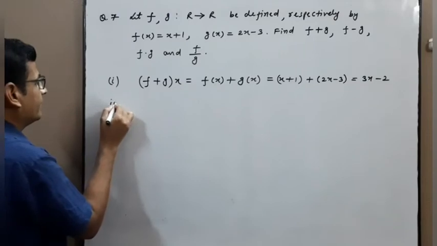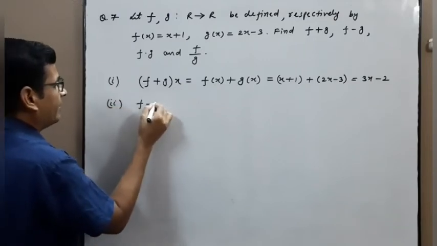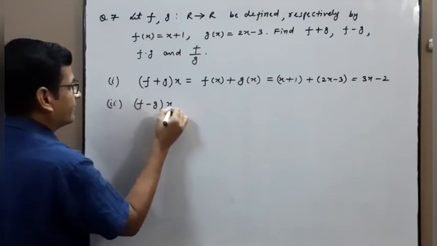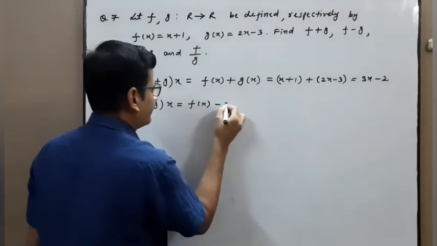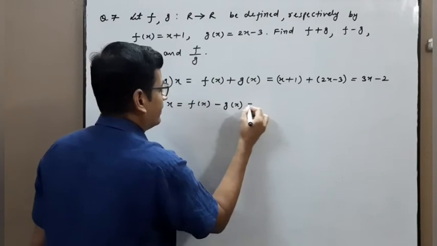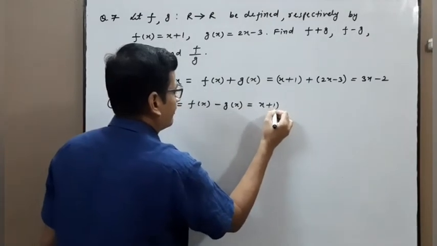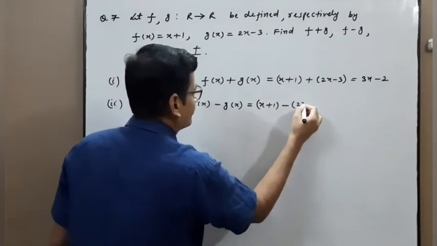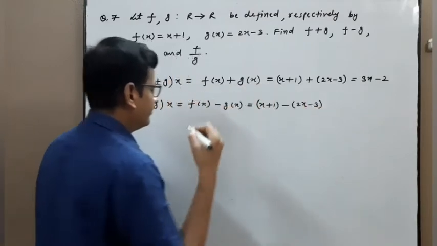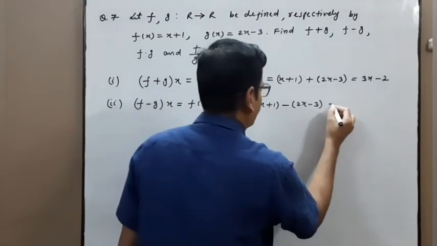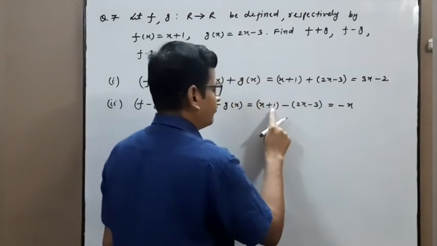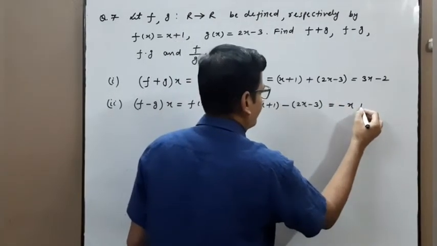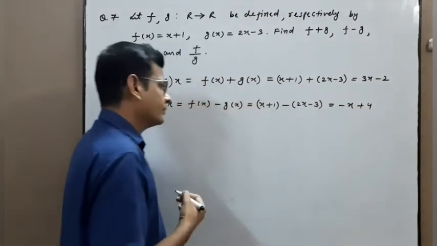Second part, (f minus g)(x) is equal to f(x) minus g(x), which is x plus 1 minus (2x minus 3), which is x minus 2x, minus x, and 1 minus minus 3, so 4. So minus x plus 4.